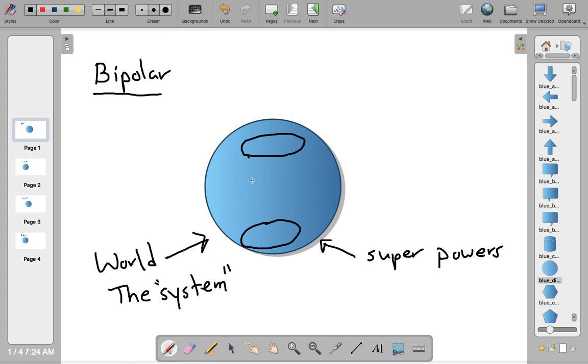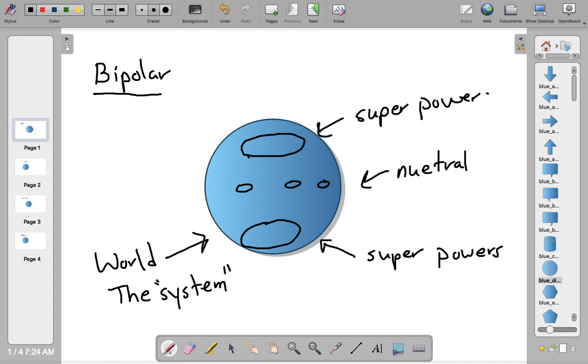And there might just be a few neutral powers in the middle. And this is another superpower up here. So as you can see, this is called bipolar because there's really only two powers that matter in the world. And all of these other countries have to then make alliances or work with one of these two countries.